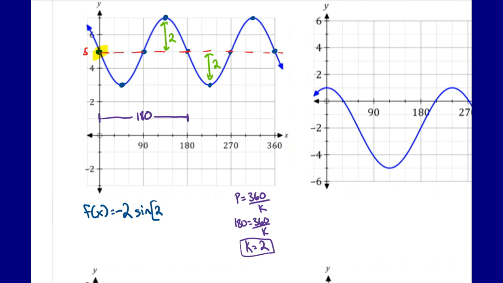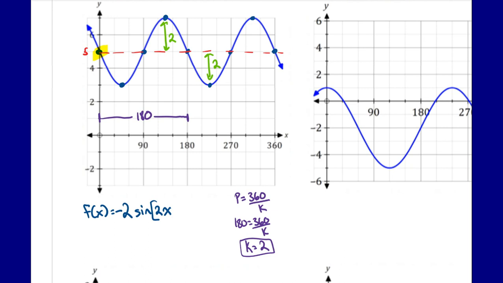Is there a phase shift left or right? No, in this case, there's not, because we can see we're starting here. Again, depending on what you call your starting value, because our sine wave kind of repeats over and over again, maybe we could say that, oh no, this is actually the starting value and we've moved it over 90, right? In this case, just always refer to the first point as you're starting.